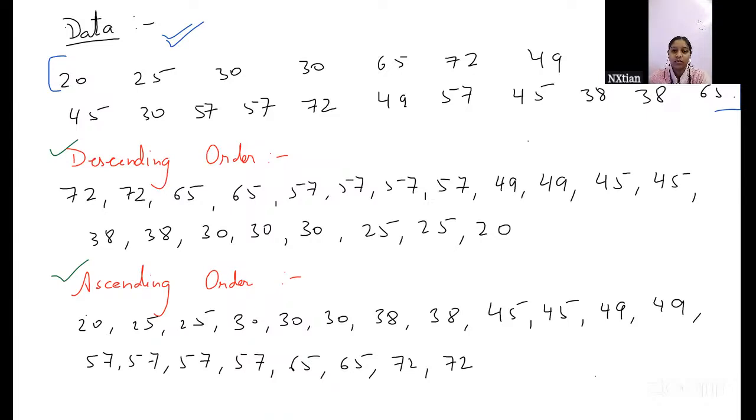Done, ma'am, in ascending order. Done. Even I'm done. Abraham is done. Ma'am, I'm on 45, on the descending order. Okay, do it quickly.